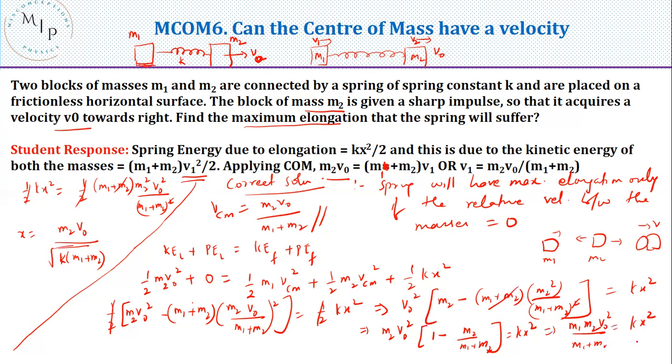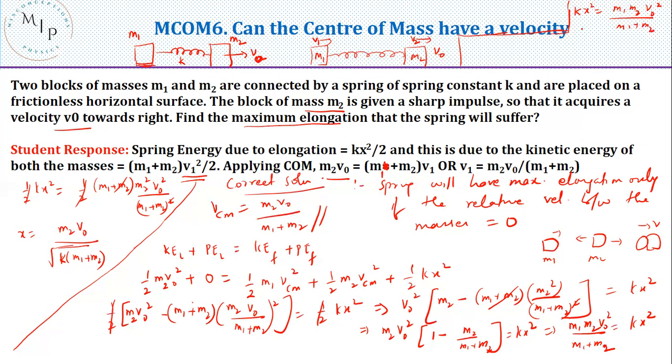I don't have space, so I'll just write down the whole thing over here. Try to minimize it, but unfortunately not possible. So now kx square is equal to m1 m2 v0 square divided by m1 plus m2.